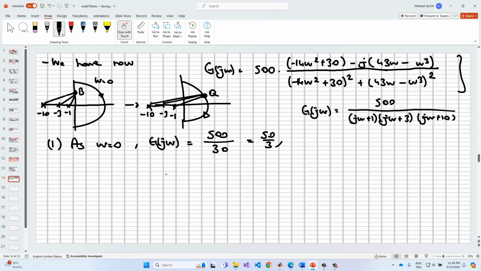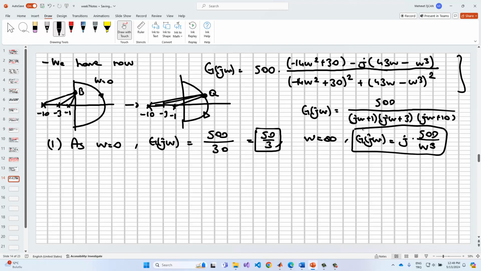We can also give the ω infinity value, so G(jω) is equal to j times 500 divided by ω³, right? This is the case of these concepts here.